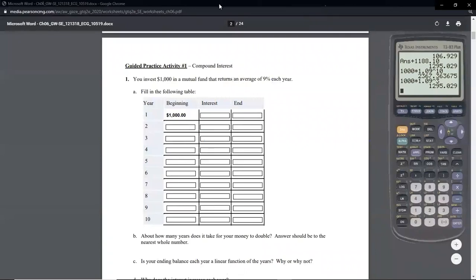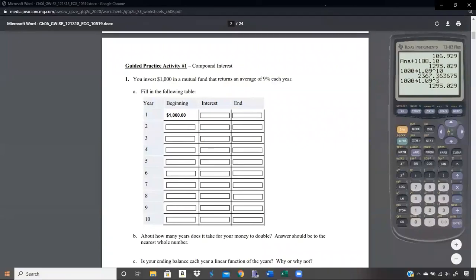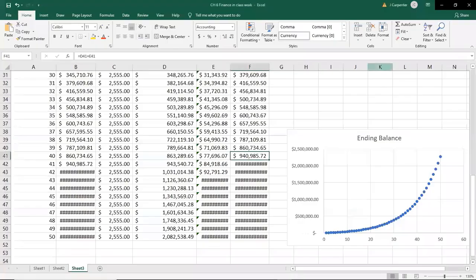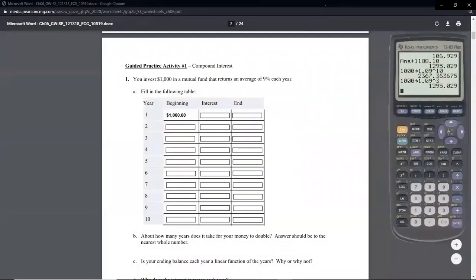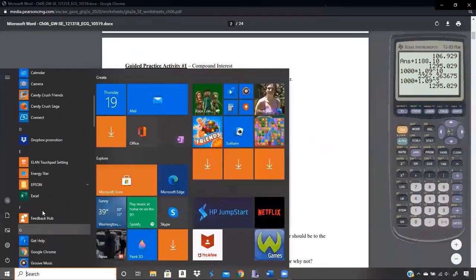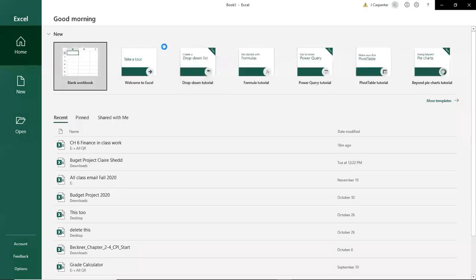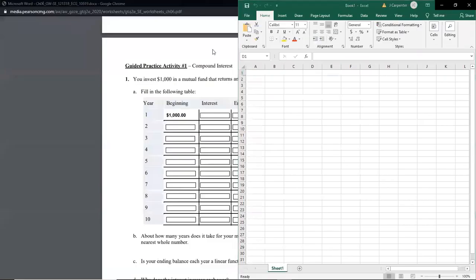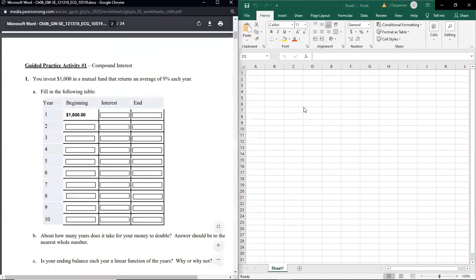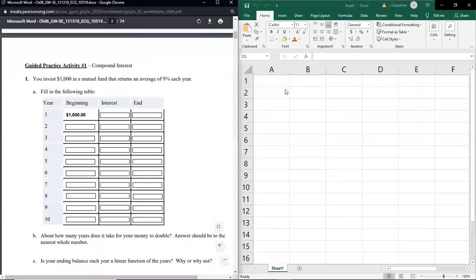So we're going to take this problem. I'm going to open Excel. I'm going to try and make a spreadsheet that just kind of mimics this. I'm going to zoom in a little because I won't need that much space.